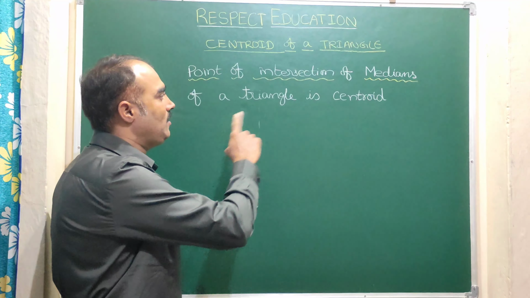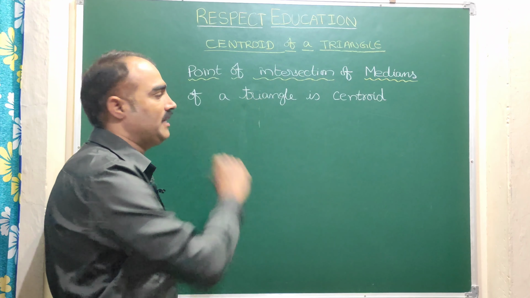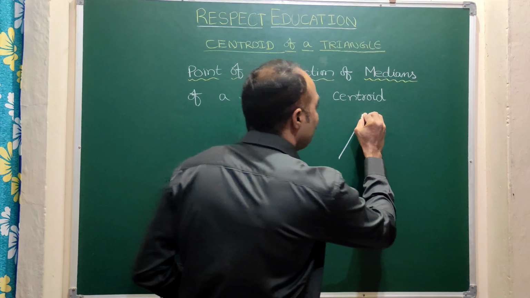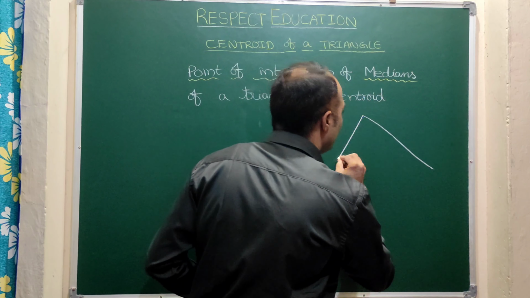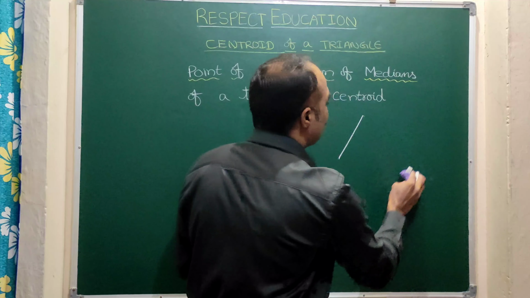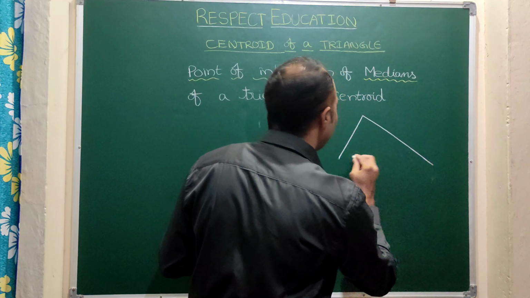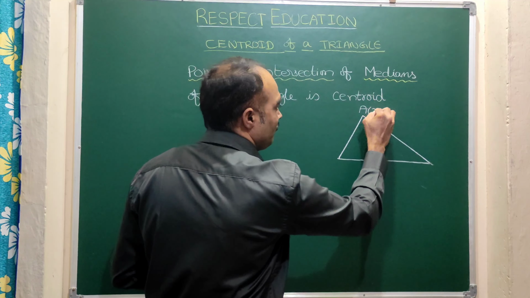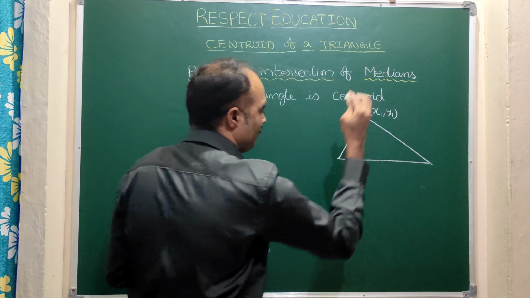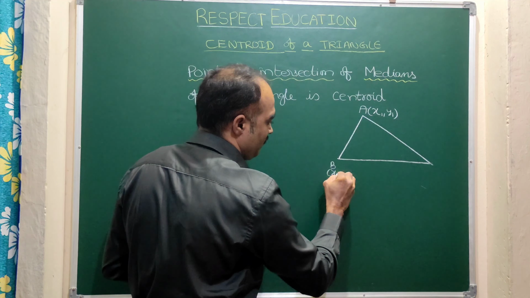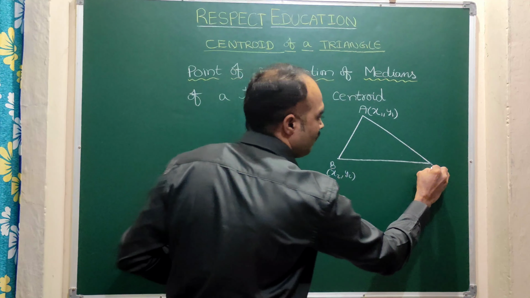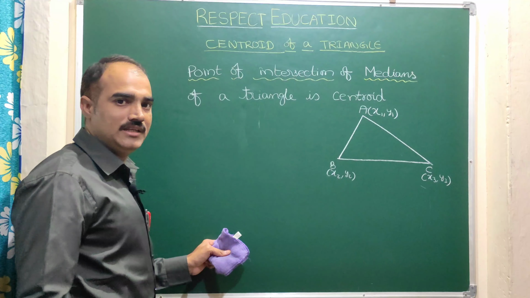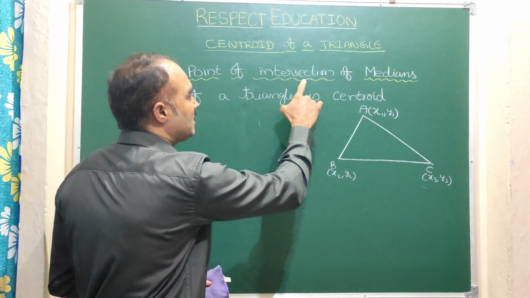Now we are going to find the coordinates of a centroid of a triangle, which is formed using the vertices A (x1, y1), B (x2, y2), and then C (x3, y3). As we have seen the definition, the point of intersection of medians.